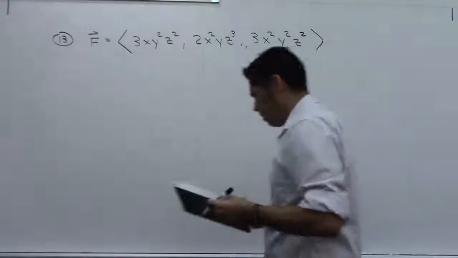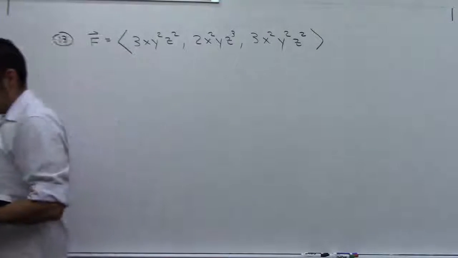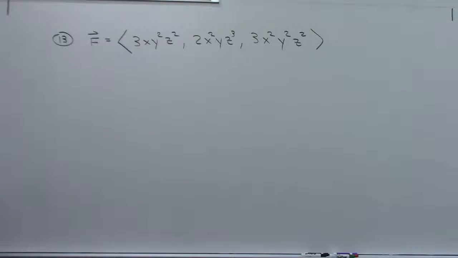Now this question says determine whether or not the vector field is conservative. If it is conservative, find the function little f such that capital F, the vector field, is the gradient of little f.